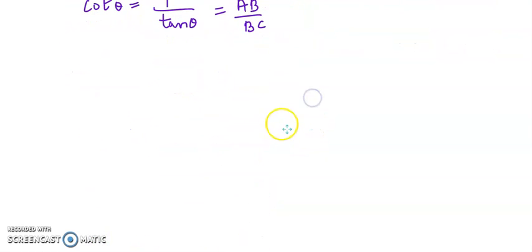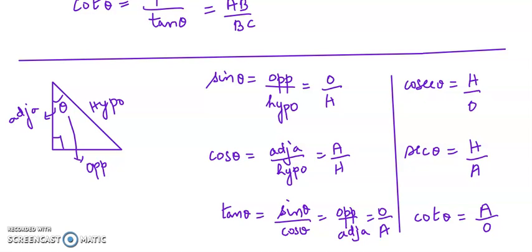Let me write down the rule again. So this is the basis. If we are taking this theta, opposite, adjacent and hypotenuse are the sides. So sine theta is opposite upon hypotenuse. Cos theta is adjacent upon hypotenuse. Tan theta is sine upon cos, yes, but if you talk about these sides, then it is opposite upon adjacent.